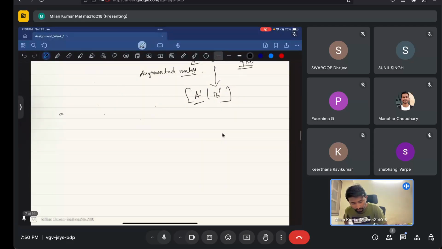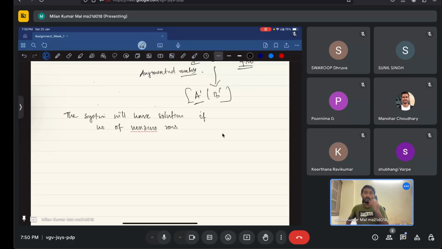The system will have a solution if the number of non-zero rows of A' is the same as the number of non-zero rows of A'|B'.